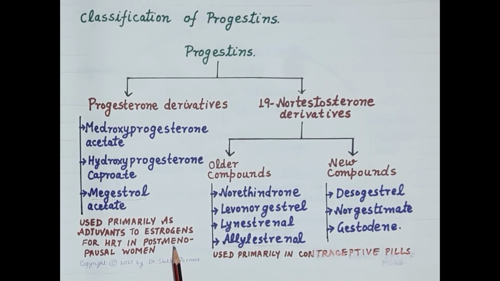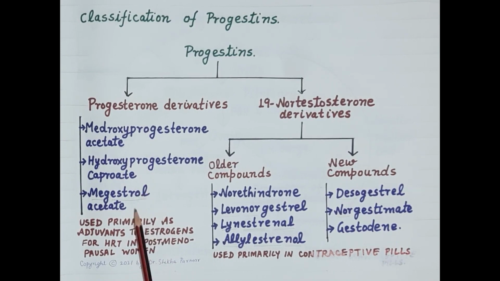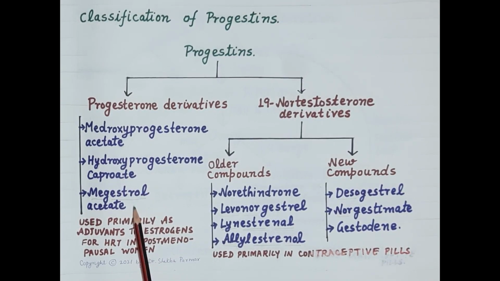Progesterone counteracts the risk of endometrial carcinoma that is associated with estrogen, so estrogen is combined with progesterone. Examples of progesterone derivatives are medroxyprogesterone acetate, hydroxyprogesterone caproate, and megestrol acetate.